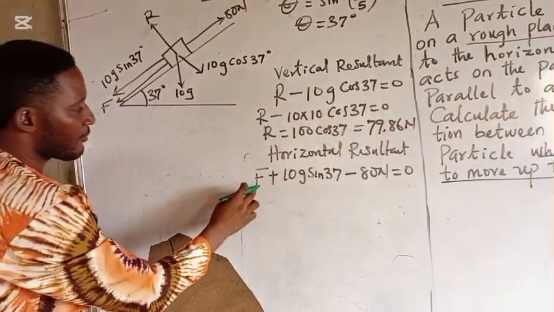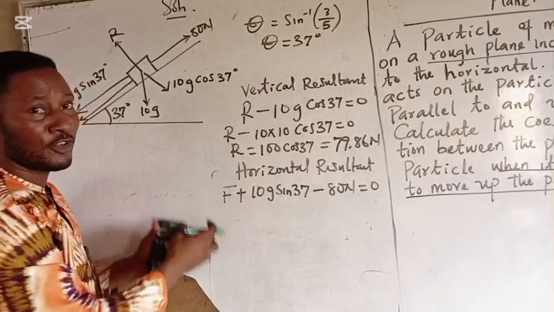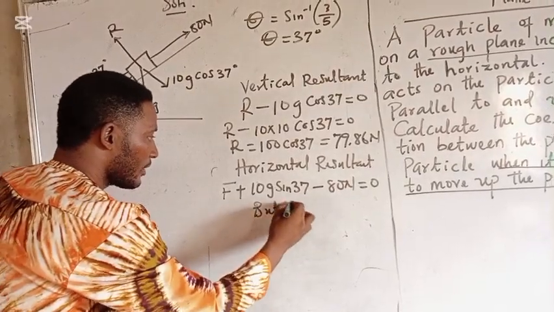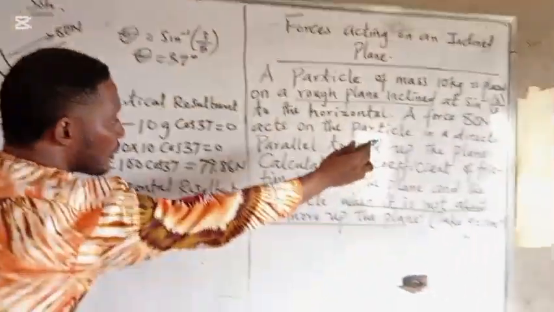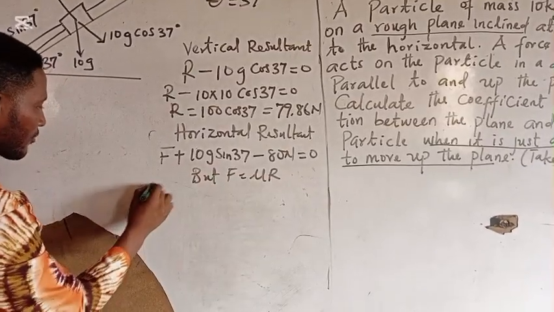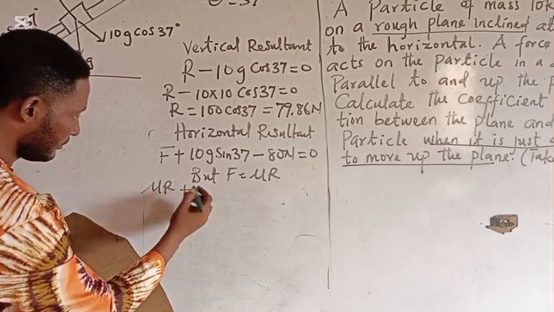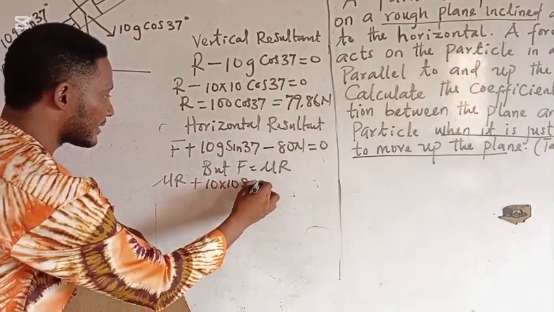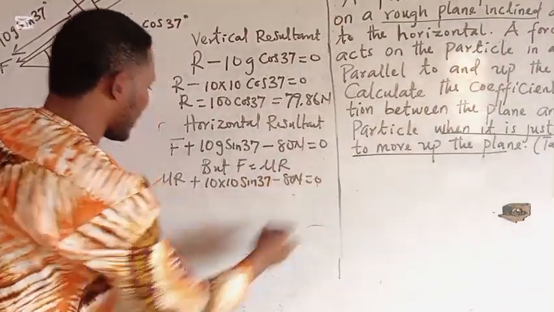Then remember that according to the law of friction, the force of friction F equals mu R, where mu is the coefficient of friction which we are required to solve. On that note, replace F with this, we are going to have mu R plus 10 times 10 sine 37 minus 80 newtons equals 0.